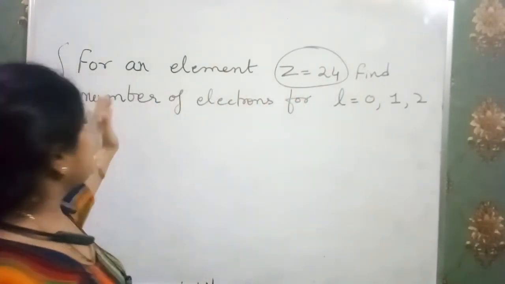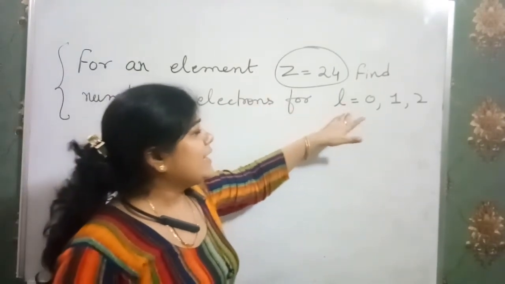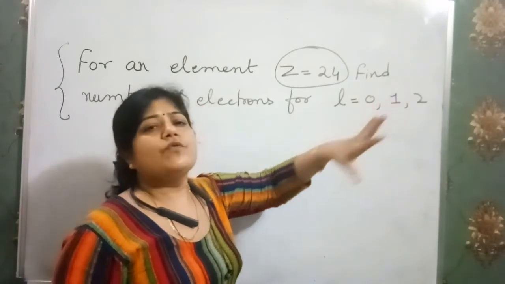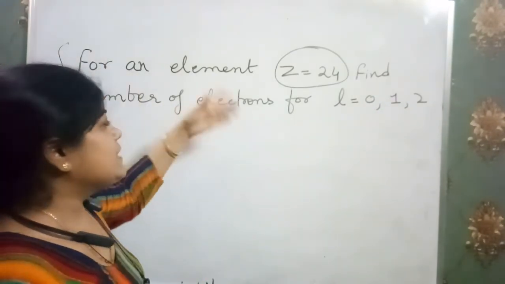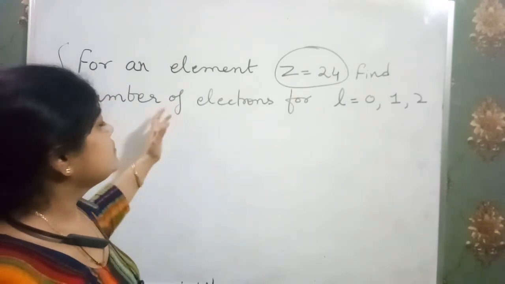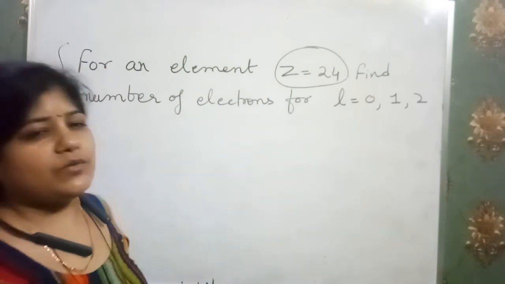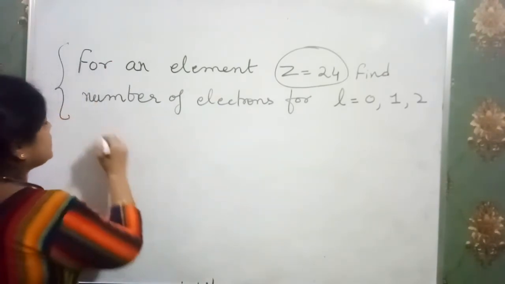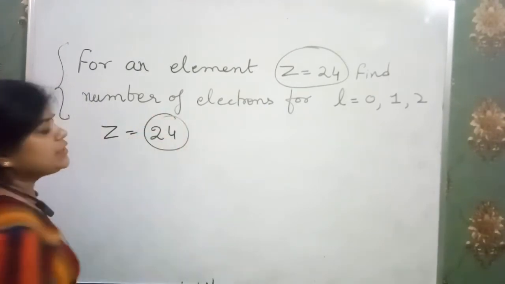We have to find the number of electrons for L equal to 0, 1 and 2. We have to calculate separately for the azimuthal quantum numbers having values 0, 1 and 2 the number of electrons in each. In these types of questions, firstly write the electronic configuration.